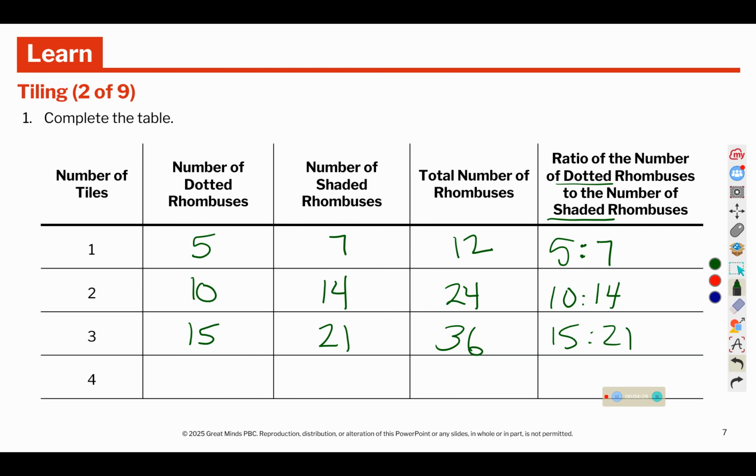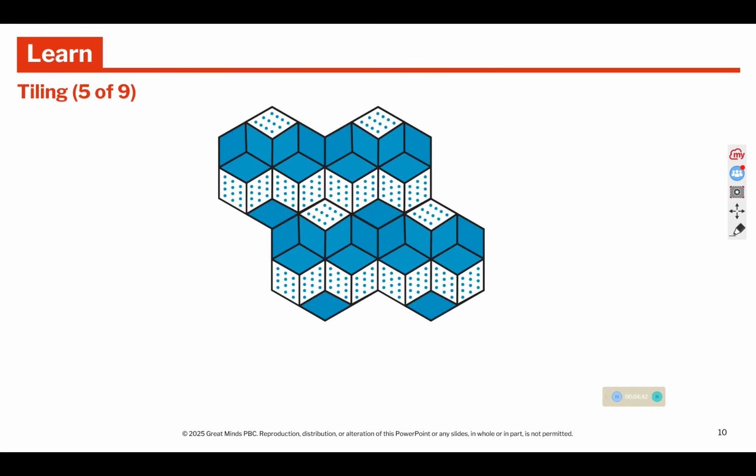See if you can determine the pattern to fill in the remaining row. If you need to look at 4 tiles, here's the example with the 4 tiles placed together that you can use to count.